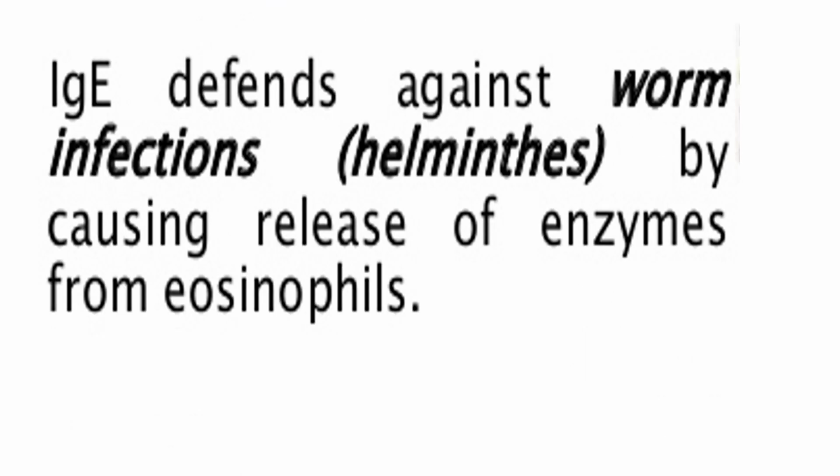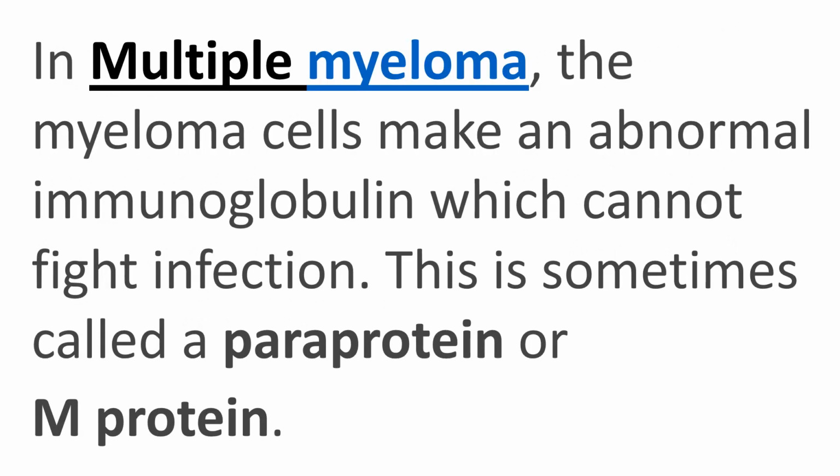IgE is also a defense against worm infections. Worm infections are called helminths, and it protects against these worm infections by causing the release of enzymes from the eosinophils. Now, while discussing the immunoglobulins, I have repeated a number of times that the immunoglobulins are produced by the plasma cells.